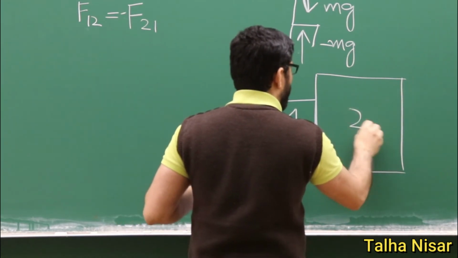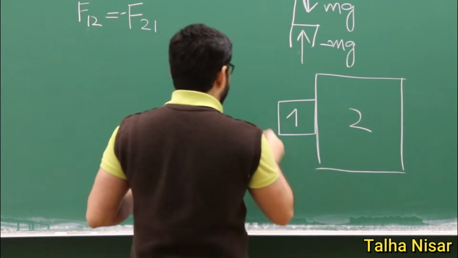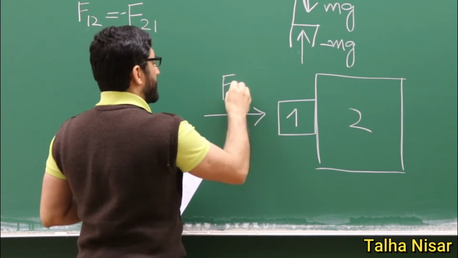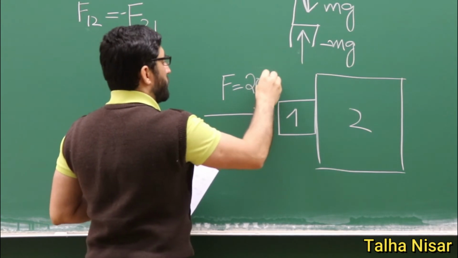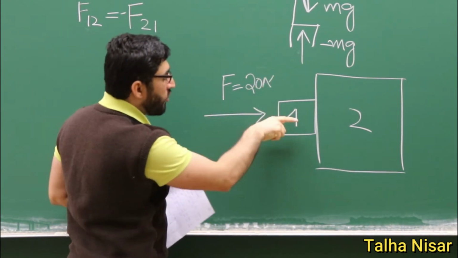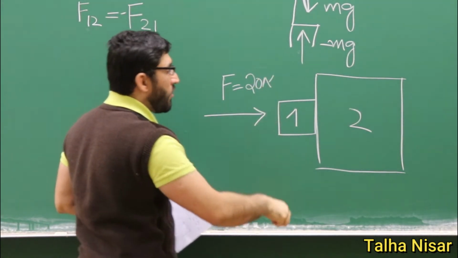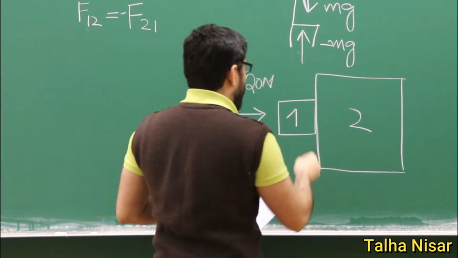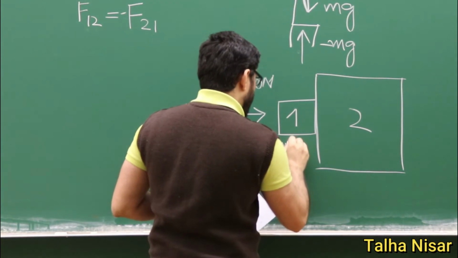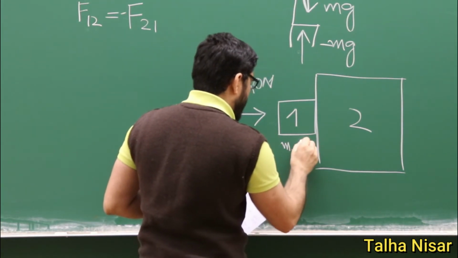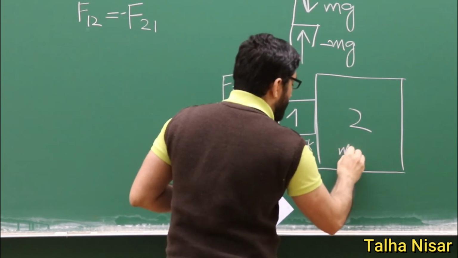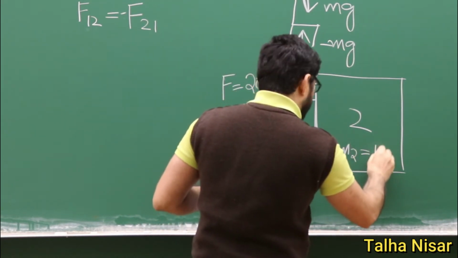We apply a force on object 1, and this force is 20 Newtons. The mass M1 is 5 kgs and M2 is 15 kgs.